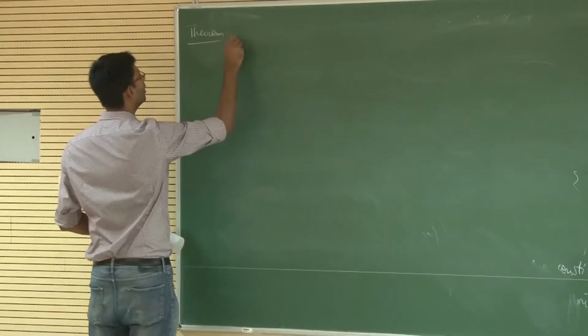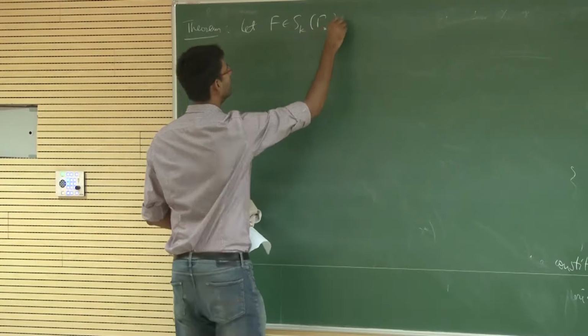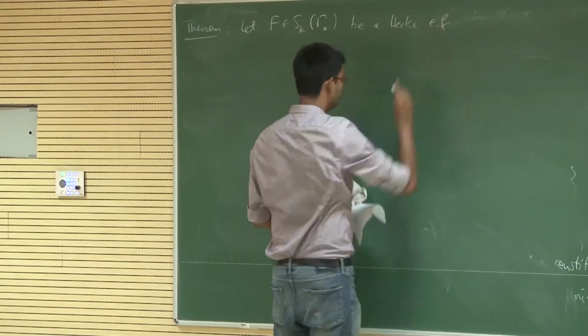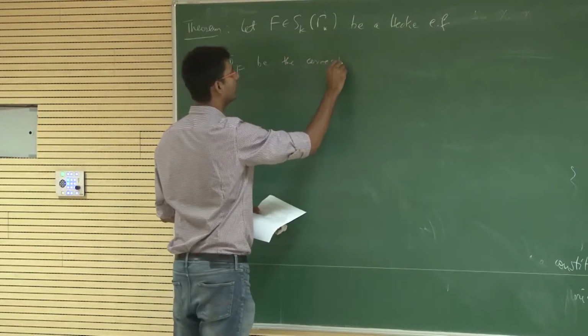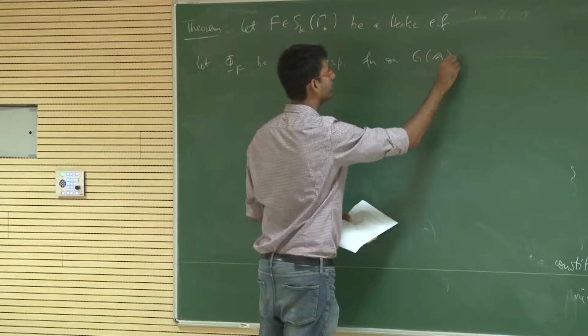Let f in S_k(Gamma_n) be a Hecke eigenform. Let phi_f be the corresponding function on G(A).